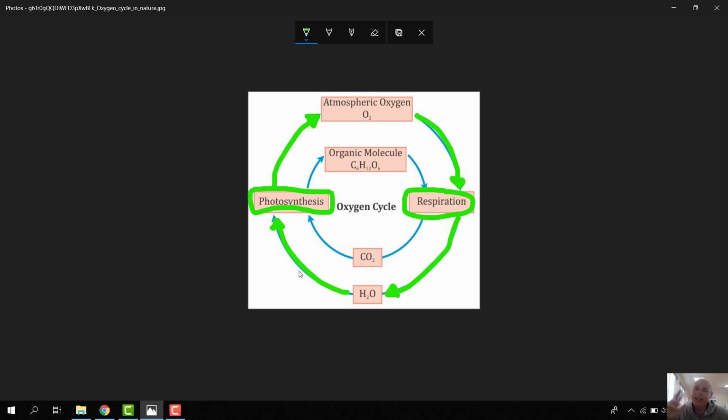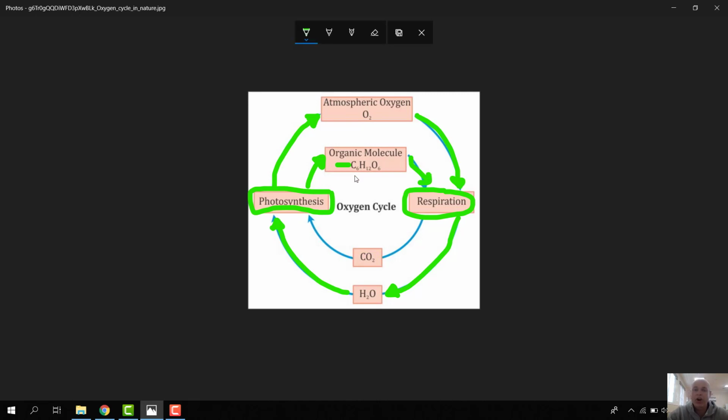But there's a second part to this. During photosynthesis, a plant makes its own food, like sugars, and that's right here, the organic molecule. That's a sugar right there. So photosynthesis is responsible for making that. The sugars are then eaten. They're either used by the plant for energy or they're eaten by an animal.